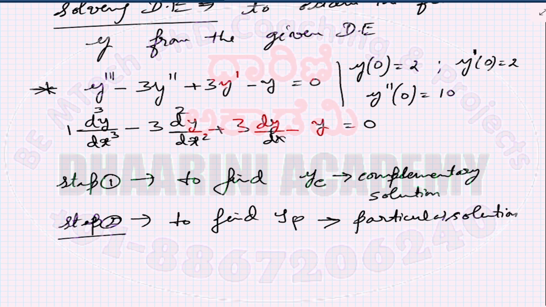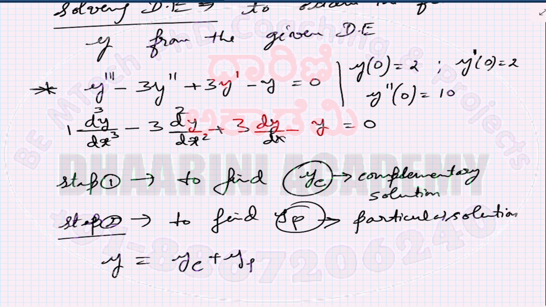Once you get both of them, then your solution, because our intention when we discussed solving a differential equation is to find a y. Now, what is the y for the given question? y is equal to the complementary plus the particular.